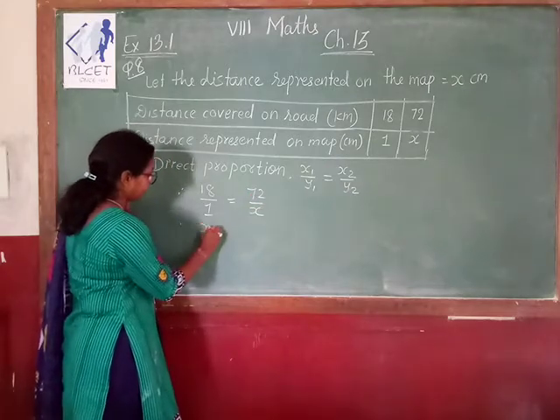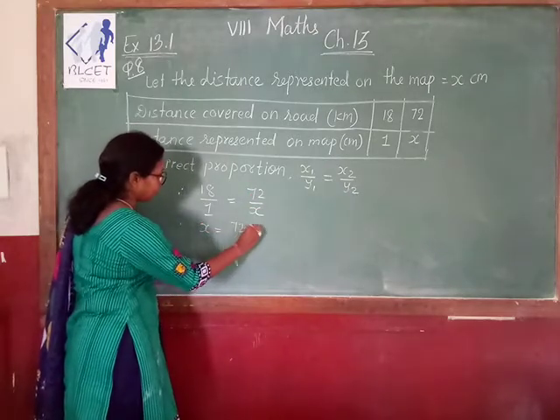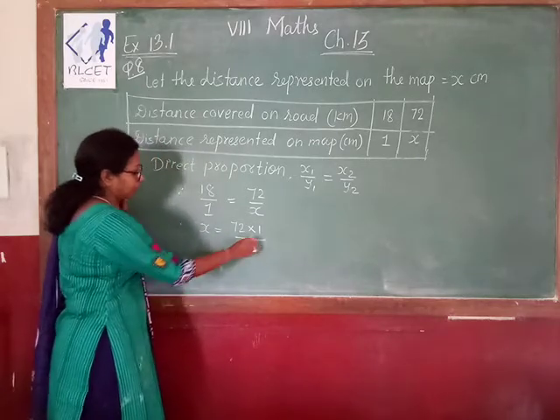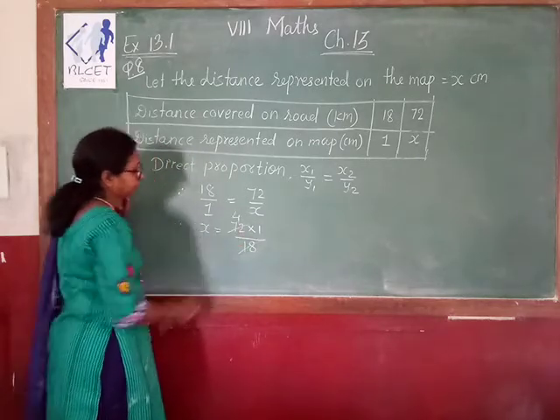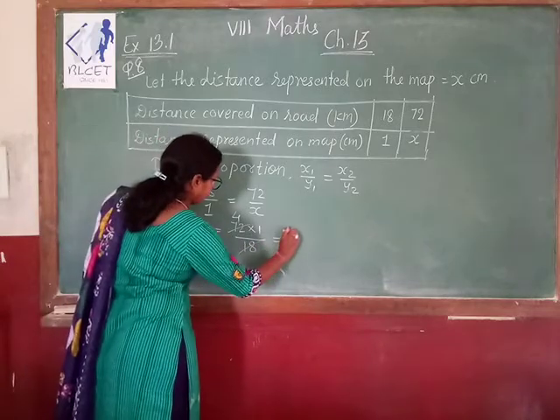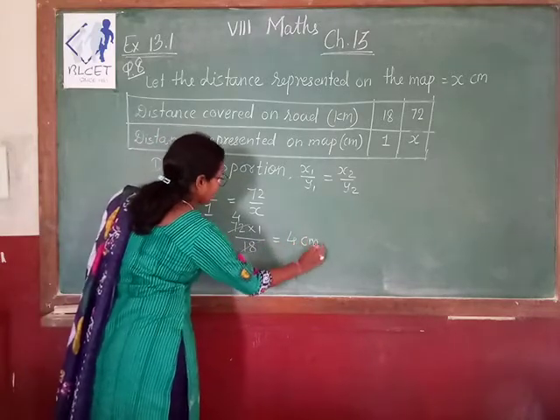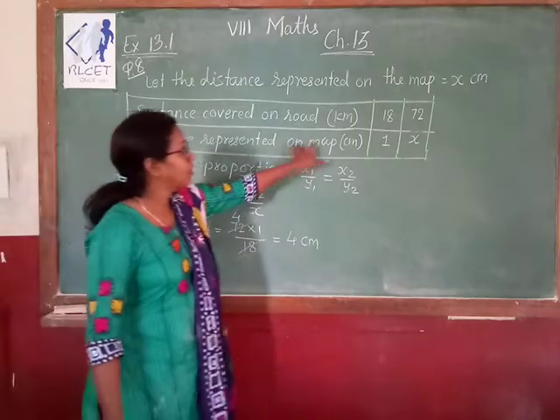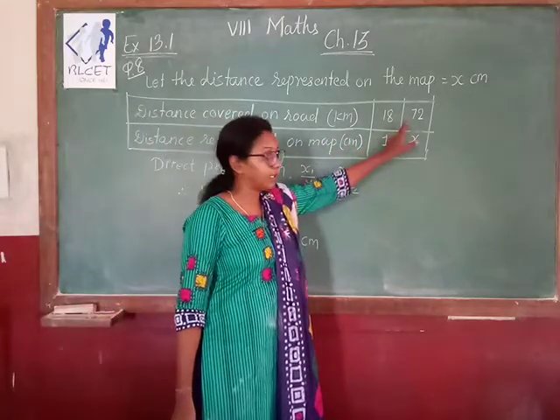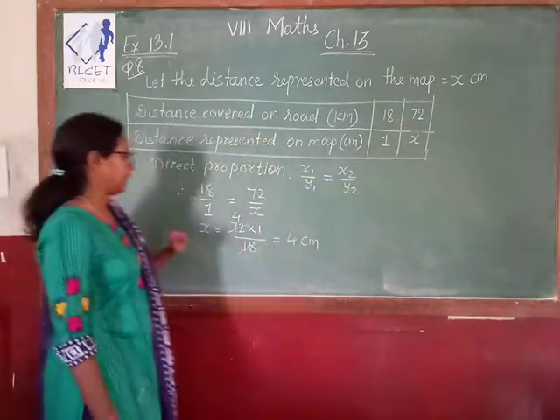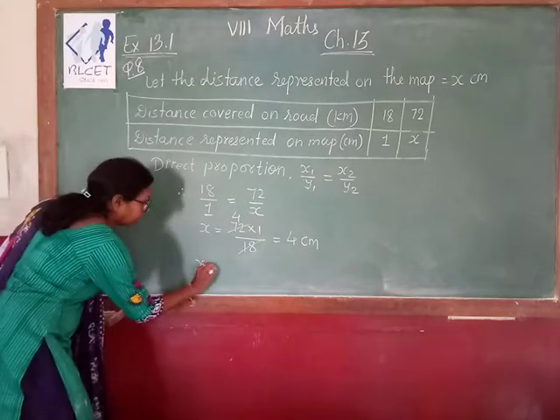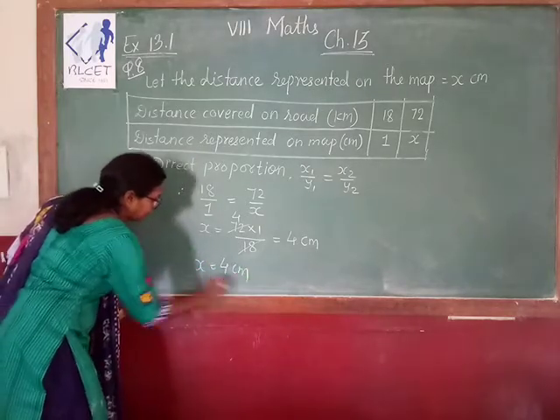So x is equal to 72 multiplied by 1 divided by 18. We know that 18 fours are 72. So the answer is 4 centimeters. The distance represented on the map for 72 kilometers is 4 centimeters. So this is all about question number 8.